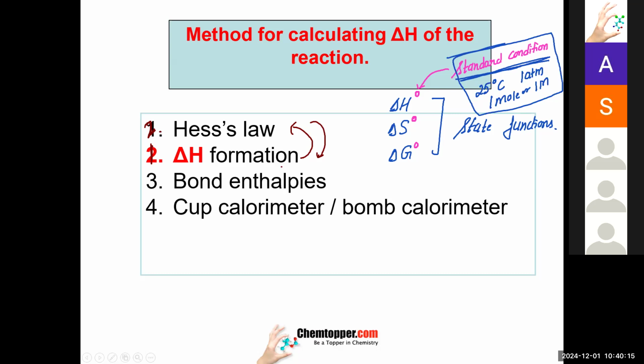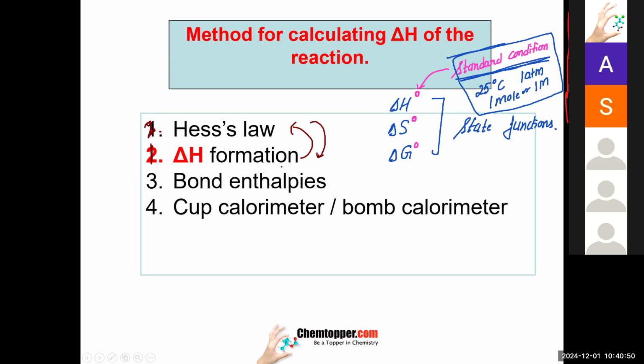Then we have STP. Do you remember STP, children? This is only for gases. STP is 0 degrees Celsius, 1 atm, and 1 mole of gas at STP is 22.4 liters.